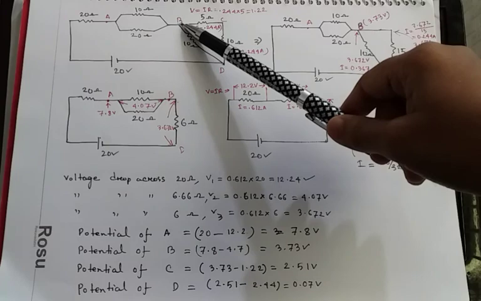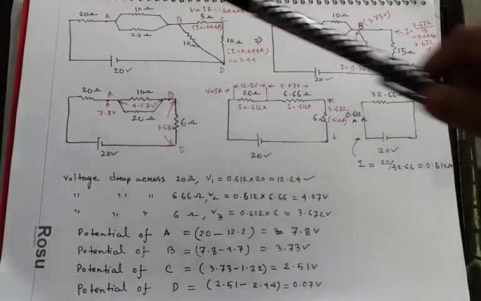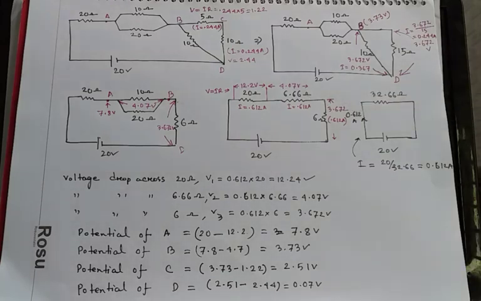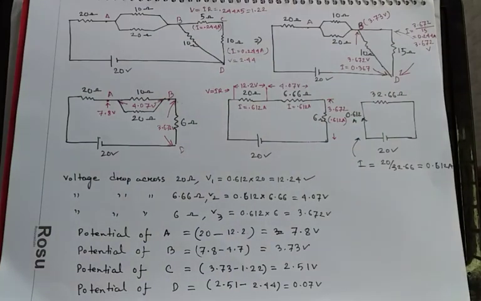Just the same way we can determine the branch current for this 10 ohm, this 20 ohm. So if you can understand the total procedure for a single circuit, you can apply this process to any circuit, and for any circuit you can determine the potential for any branch and the current for any branch.